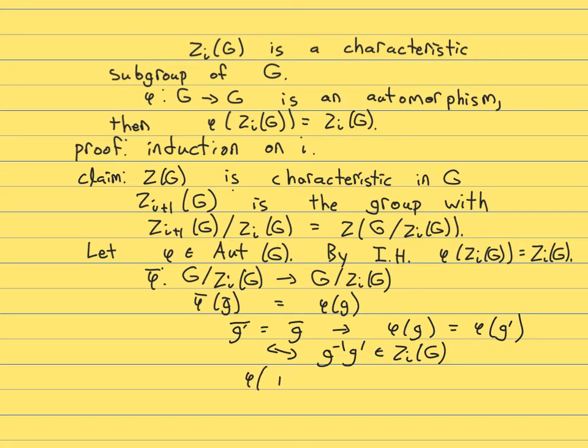So then we have phi of g prime is equal to phi of, magically adding in g inverse, or g inverse g prime, which is equal to phi of g times phi of g inverse g prime. If this is in the center, then, oh, well, there's a typo.